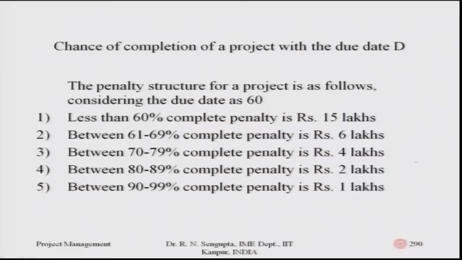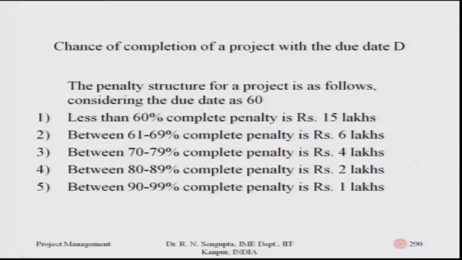So, the penalty structure for the project can be, for example, as follows. Coming back to the example which I finished in the 289 slide, between D1 and D2, the deadlines and the due dates. If you are able to finish only 60% completion of the jobs, you pay a penalty of 15 lakhs.